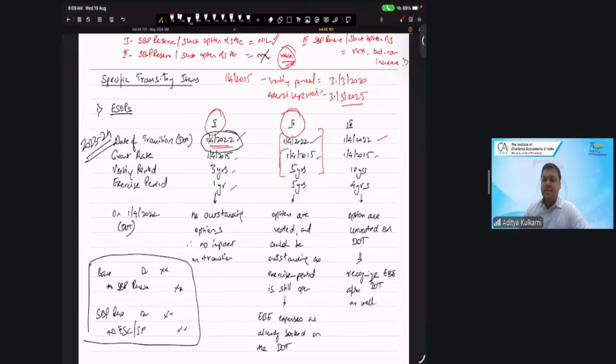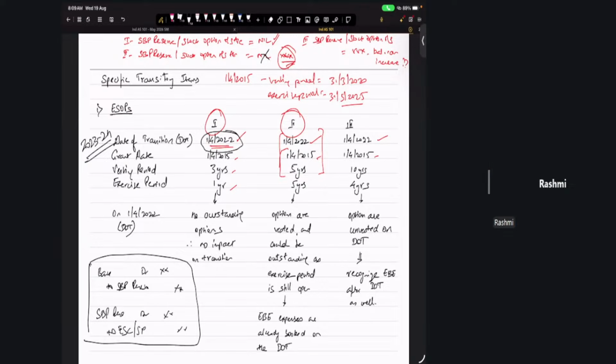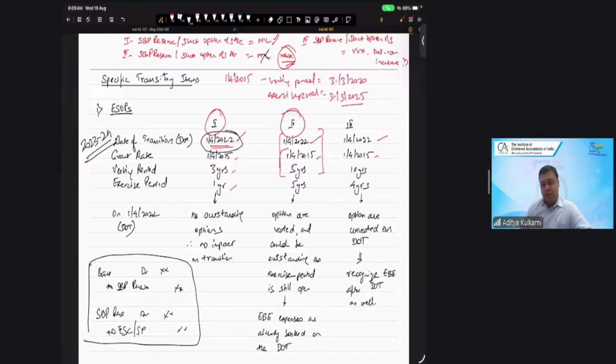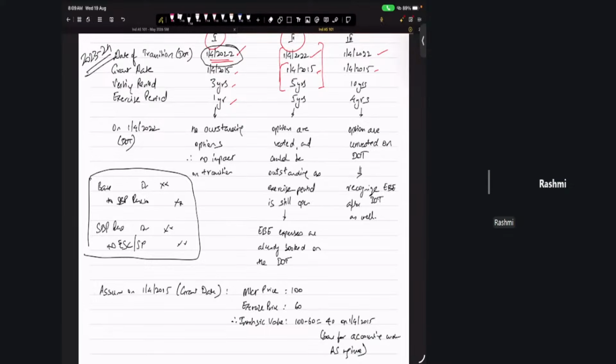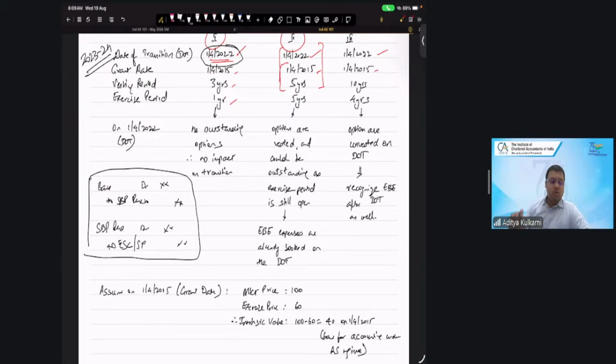Yes. So if vesting is also pending, then even after the transition date there will be some expenses that will hit the P&L. That means after you move to Ind AS, you will still have employee benefit expense getting recorded. So, to keep in line with Ind AS requirements, should there be a transition relief in the third case like in the second case?